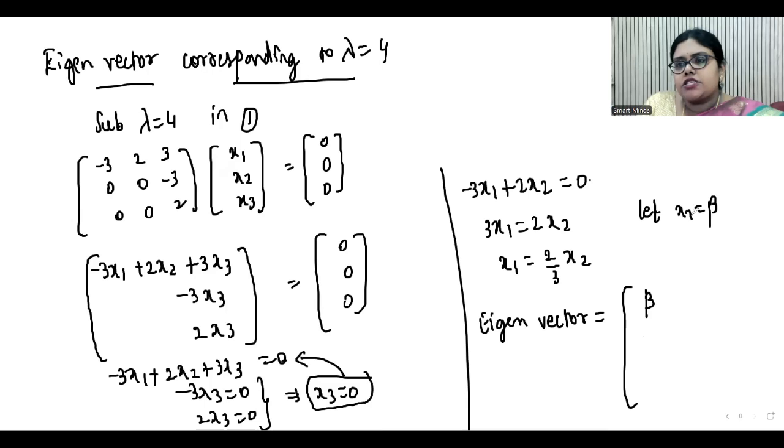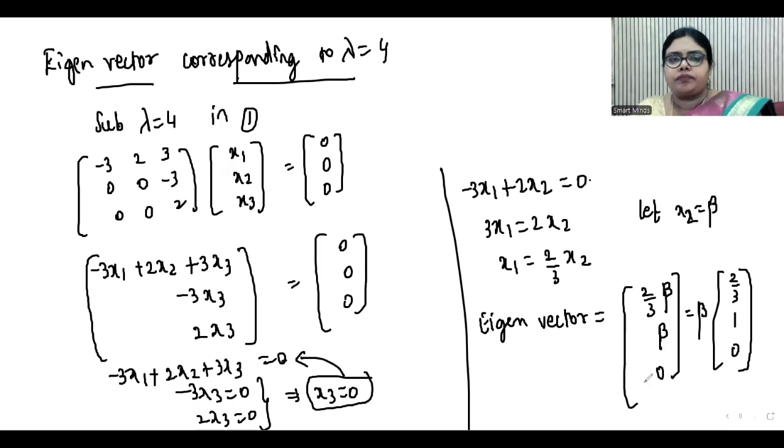Let us take x2 as beta. Then x1 will become 2 by 3 beta, x2 is beta and x3 is 0. If you take beta common, you will get 2 by 3, 1, 0. This is the eigenvector corresponding to lambda equals 4.